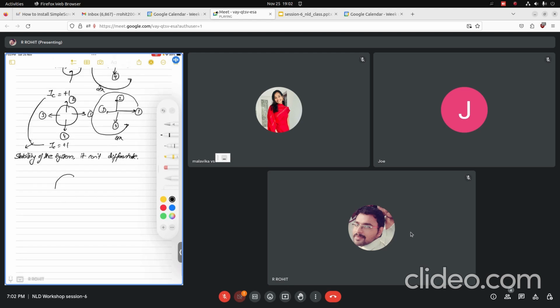Whereas if you look at the saddle node, a saddle node is nothing but you have one curve coming towards it and one curve going outwards. Now in that case, if you fix 1, 2, 3, 4, this is our 1, 2, and this is our 3, and this goes to 4.